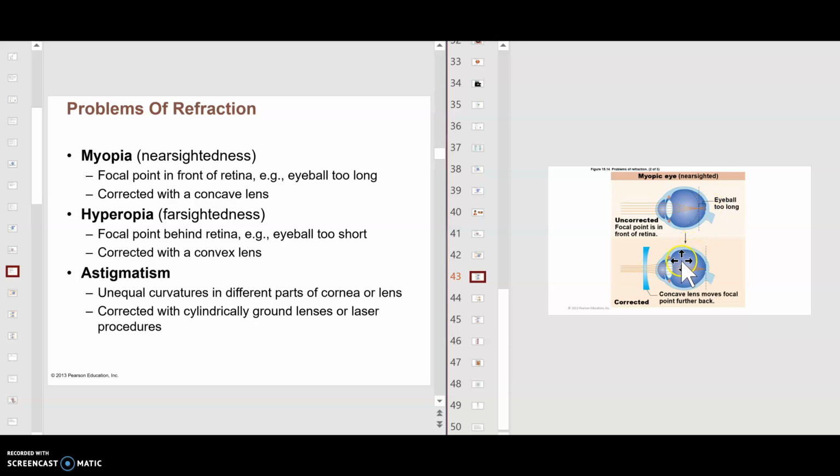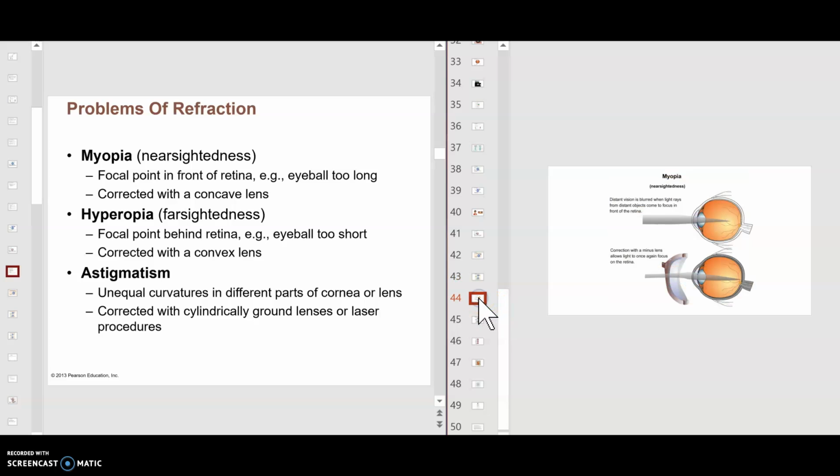The way to do that is I need to diverge the light out so that the lens can bend it back in at a sharper angle there. So you have this more concave lens on the inside here that would do that. Again, nearsightedness, eyeball too long.